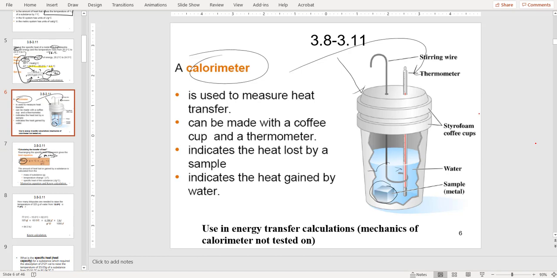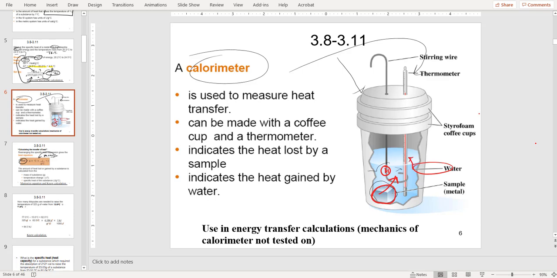Now there's many scenarios, but I'm just going to have you focus on one. We're assuming that we're going to have some sort of substance in there that's going to transfer its heat energy into the water itself. And then the water will go ahead and change in temperature.